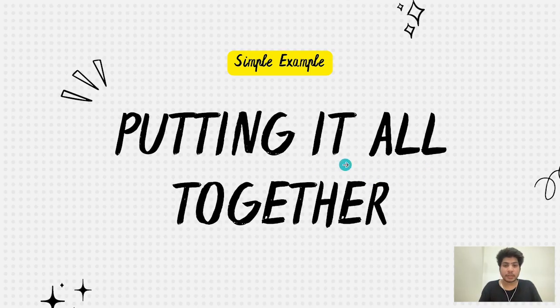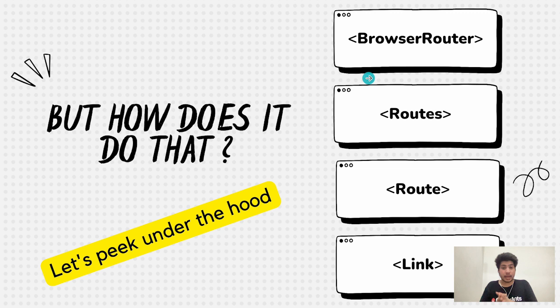Let's put all these things together. The BrowserRouter handles the URL things in the browser, so basically it manipulates the URL for you. The Routes take the decision of which path has been matched according to the URL, which path matches the most to the current URL.